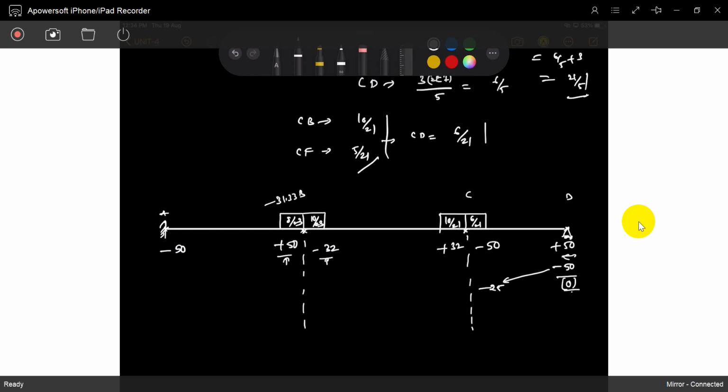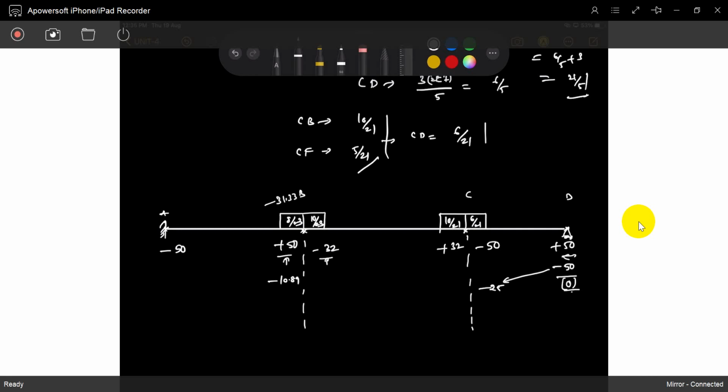Minus 31.33 multiplied by 8 divided by 23. Okay, so 10.89. So it's a minus 10.89. Again 31.33 multiplied by 10 divided by 23. So it's 13.62.